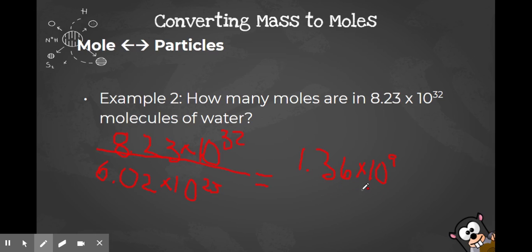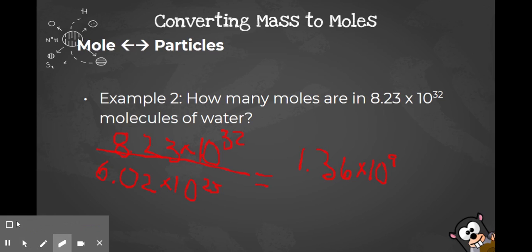So there's a billion moles of water in that many molecules. So when you're going from moles to molecules, you multiply. But here, when you're going from molecules to moles, you divide.